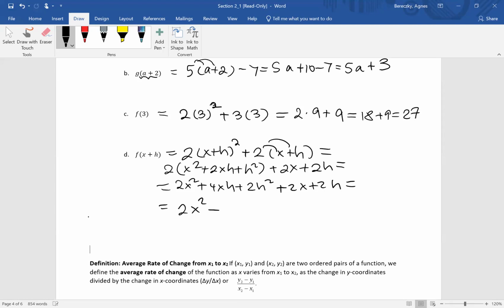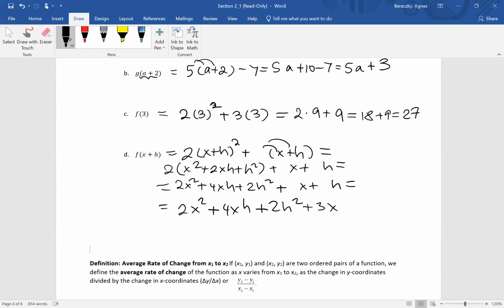2x squared plus 4xh plus 2h squared plus 3x. Oops, I messed up here. It's supposed to be a 3. So let's fix that real quick.